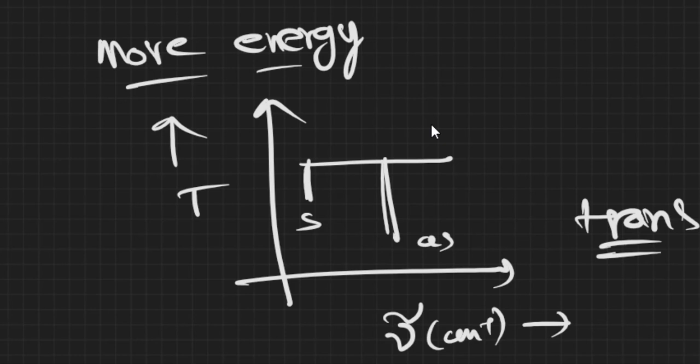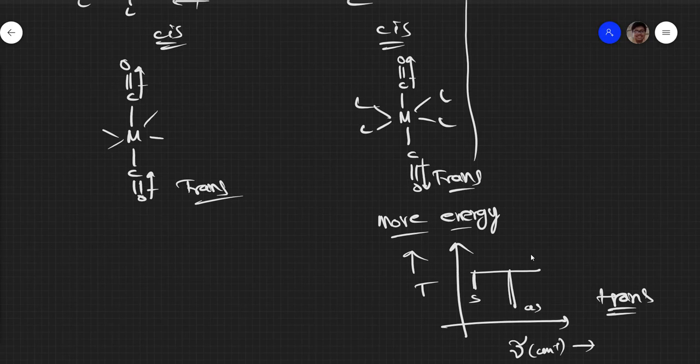But it doesn't mean that the dipole is definitely zero, because there are other kinds of vibration like bending, scissoring, etc., that are also coupled with the stretching vibration, and this makes the dipole a little bit non-zero, and that's why we get a small intensity here for the symmetric stretch.